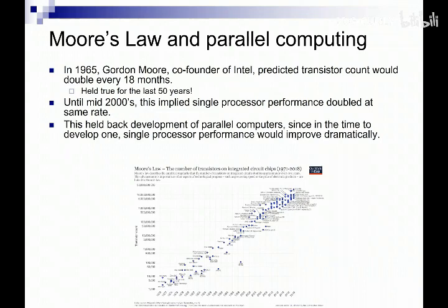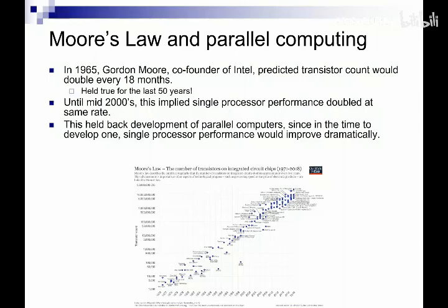And so this was the thing that held back development of parallel computers. Because there was simply no need to design a parallel computer, because it takes such a long time to design each parallel computer.